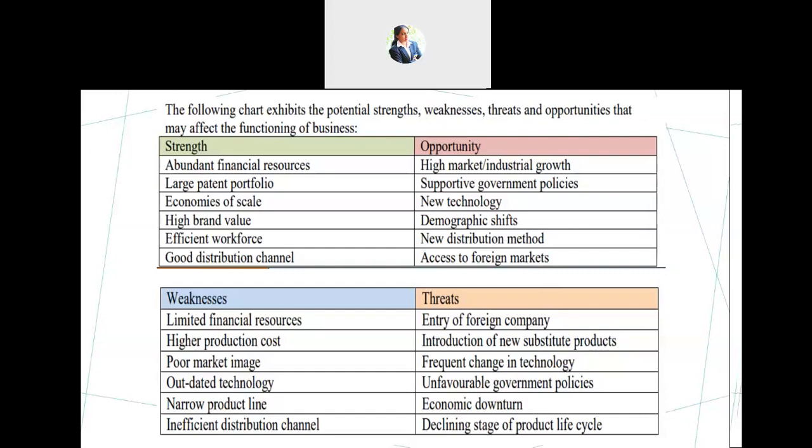Now the competition might increase, and that might result in new substitute products. Now there might be frequent change in technology. The government policies might not be favorable for the organization, or the entire economy might be in a state of depression or slowdown, and also the life cycle of the product might be in a declining stage.